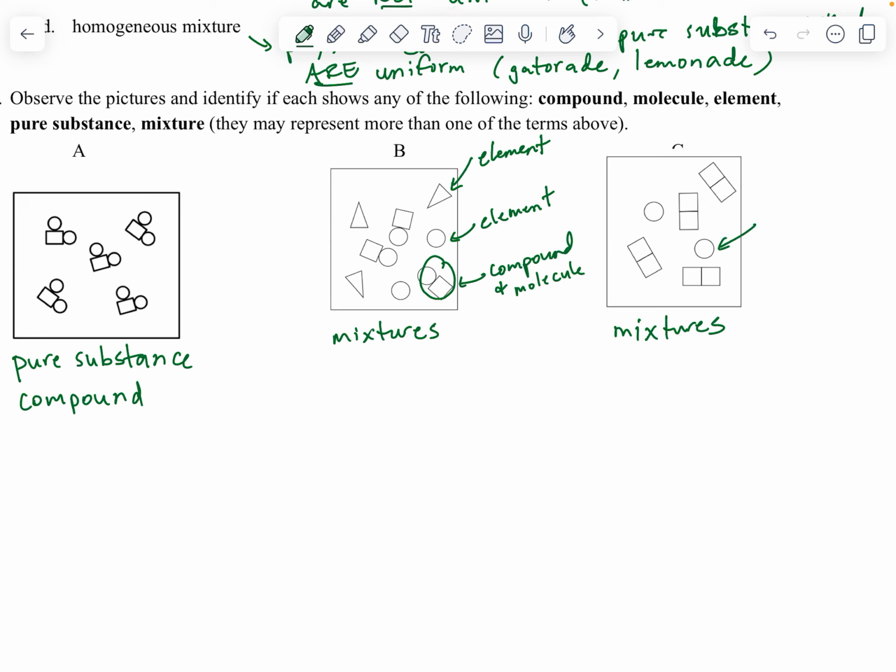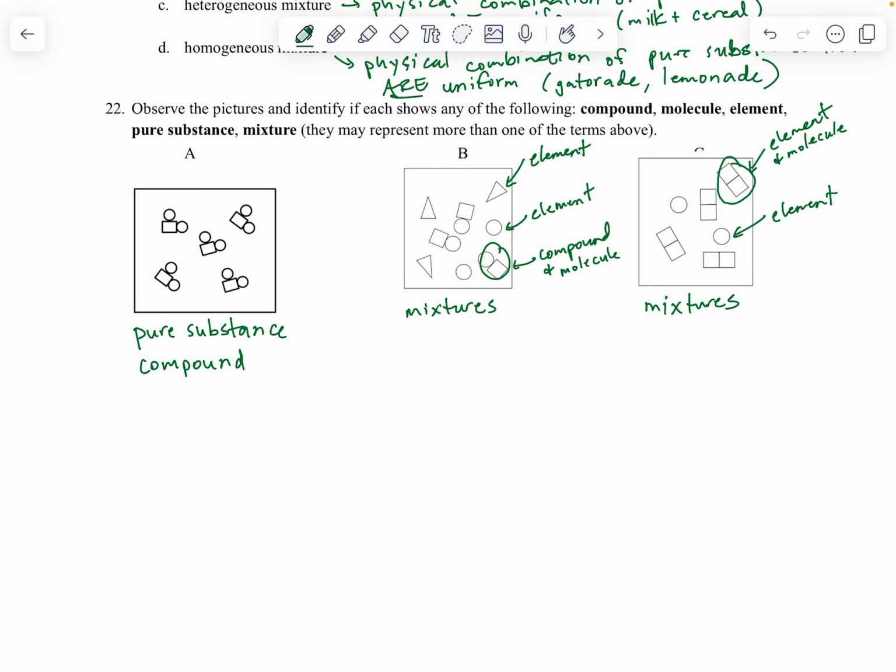Here I have an element, and then I have here again a compound, or not a compound, I'm sorry, an element as well, because it's the same thing that's bonded to itself. So it's not different, but this is also a molecule because it is a grouping.